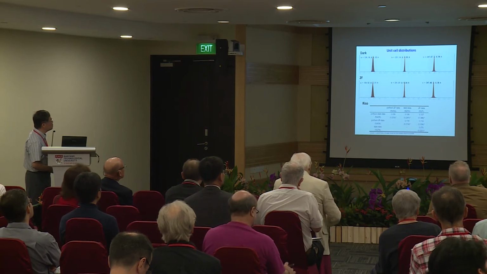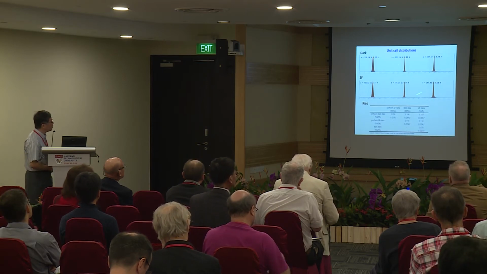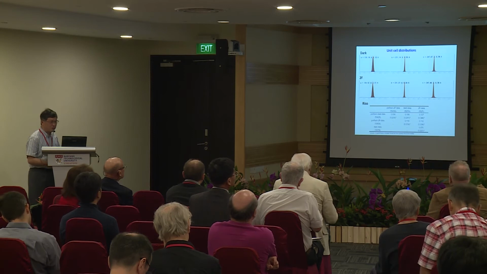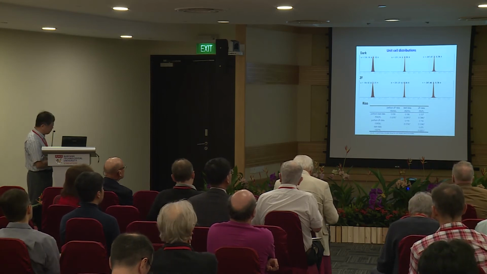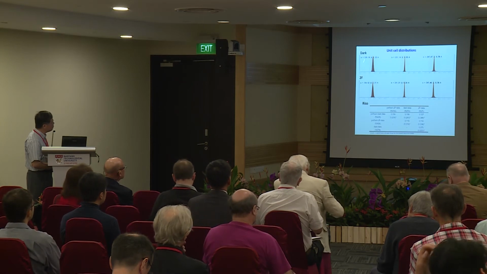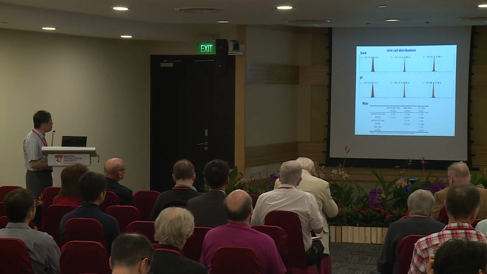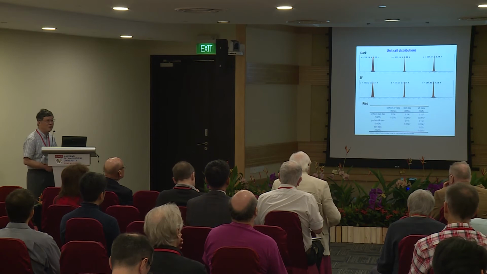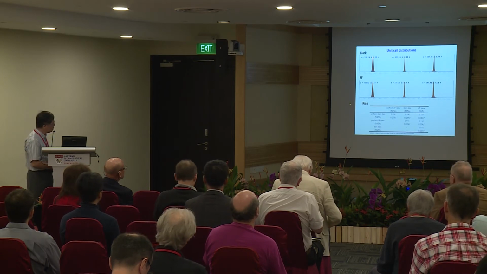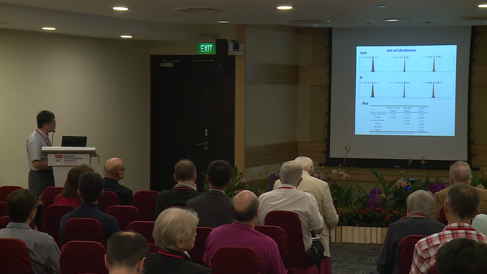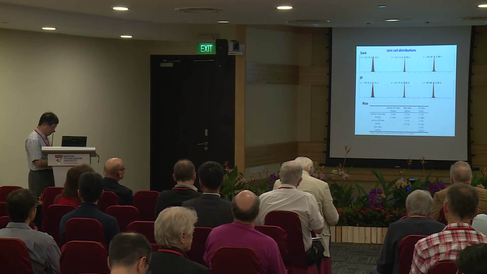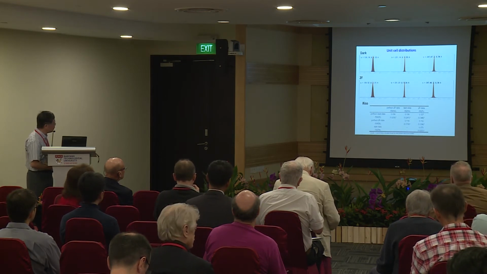So from this, for the isomorphous Fourier difference map approach to be efficient, we needed to ensure that the two data sets from the two crystals have a very high isomorphism. This is expressed by the R-iso between the two data sets.